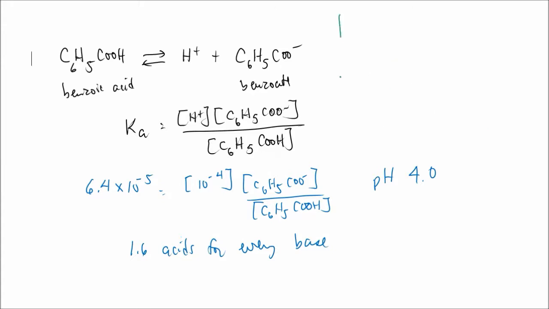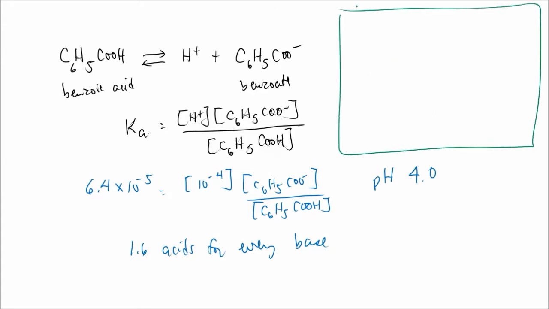Whereas at pH 7.0, you should be able to verify using similar mathematics. The ratio is tilted completely the other way. 640 of these for every one in the benzoic acid form. So this is the one that doesn't work. The pH 4 is the one that does work. Verify these mathematically, and you'll learn something good.